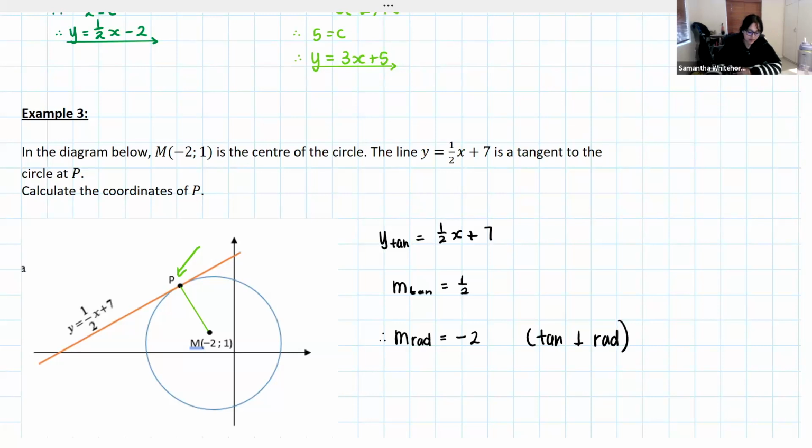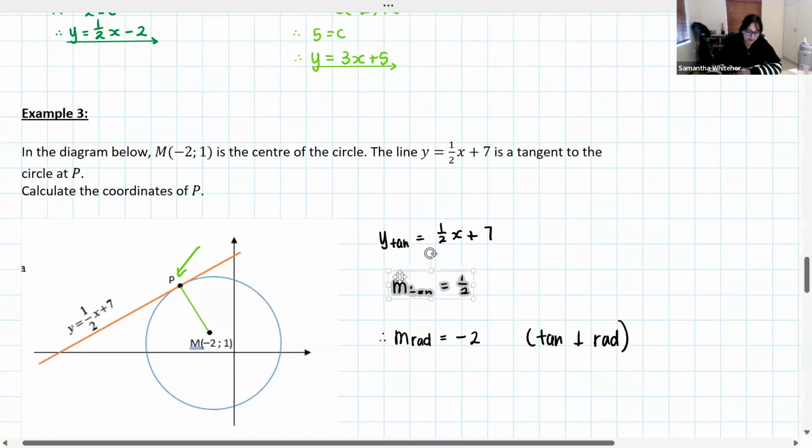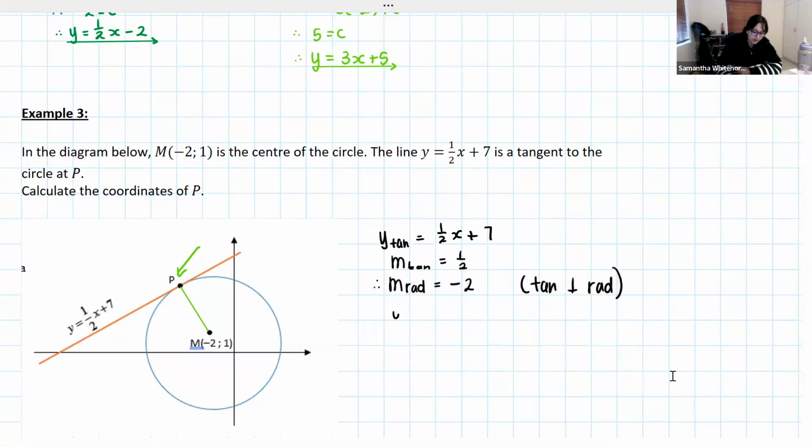All right, so what we now know is half of our equation for our radius. Just want to move this up so we've got space. We know that y of our radius is equal to -2x plus c. Now remember, to find c, we need to substitute in a point that we know is on our line. What point is on our radius that we know? Nice, Awami.